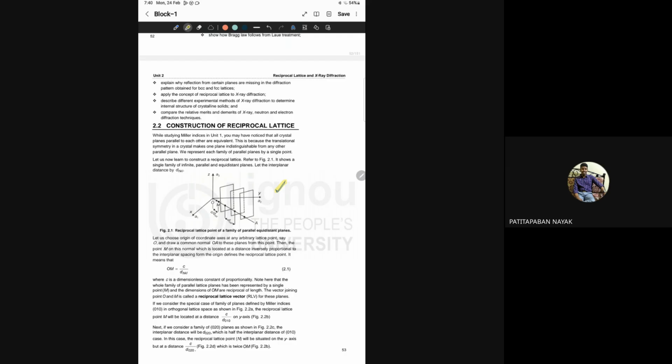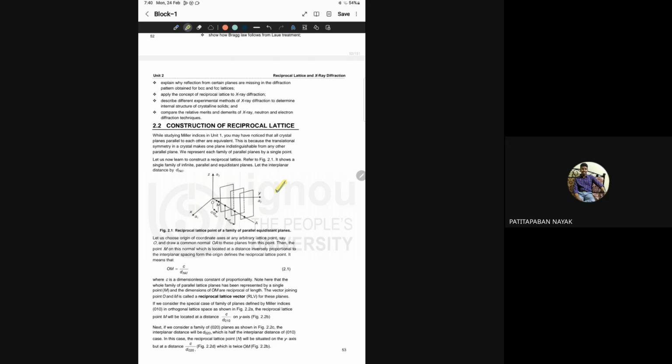These planes will be characterized by their index hkl, because in the last unit we understood that each plane can be assigned three numbers which are called Miller indices, and the Miller index is hkl, and the distance between two such planes is d_hkl.